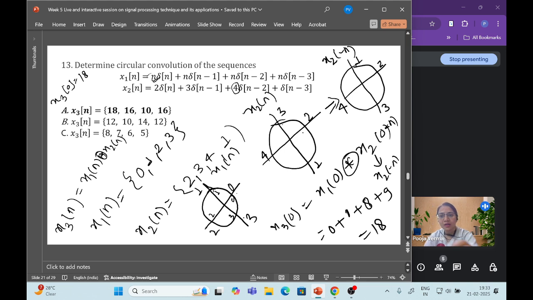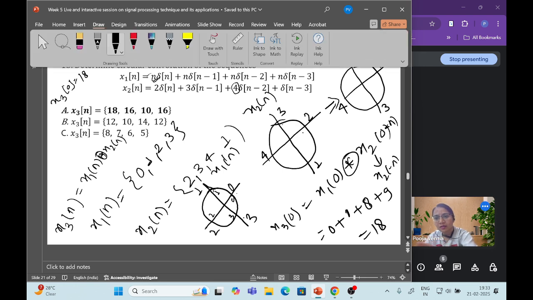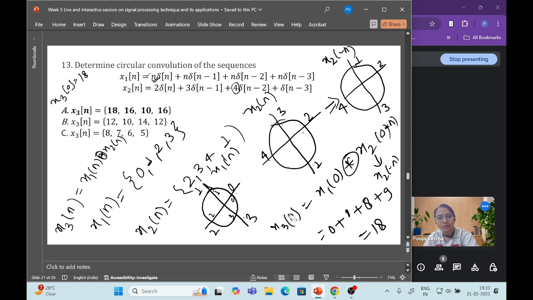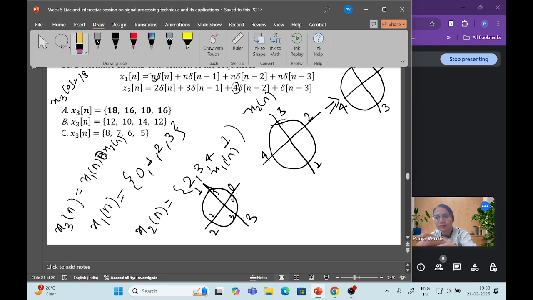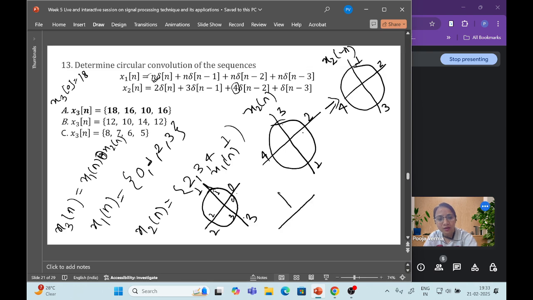Now shift by one more place, that means 1 minus n, then multiply again with x1 of n and write it down. What value will you get? Anyone solving? Make another circular diagram and shift by one more place to the right, so here you will get 3, here 2, here 1, here 4.